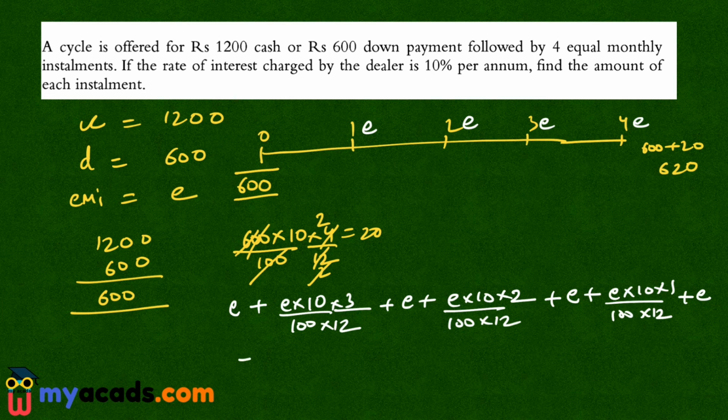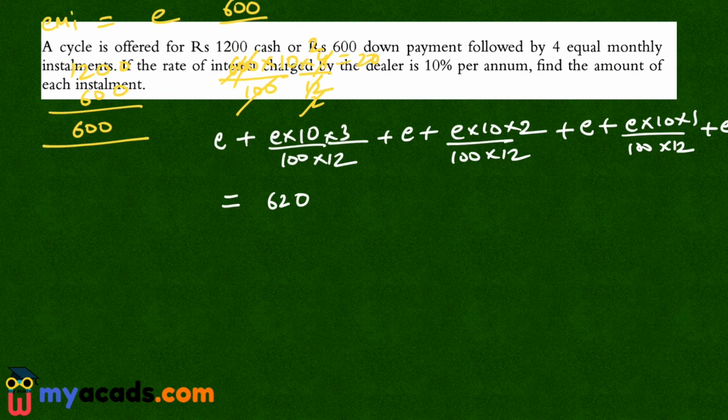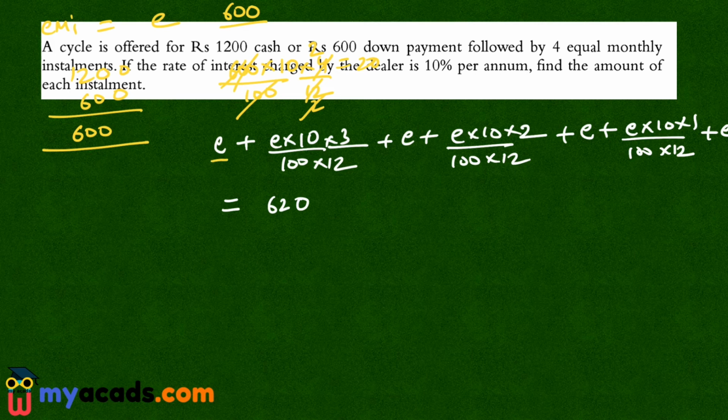Now all this money will be equal to 620 rupees. I can find the value of E using this equation. So this is 1E, 2E, 3E and 4E. So 4E. I can take E into 10 into 100 into 12 as common.